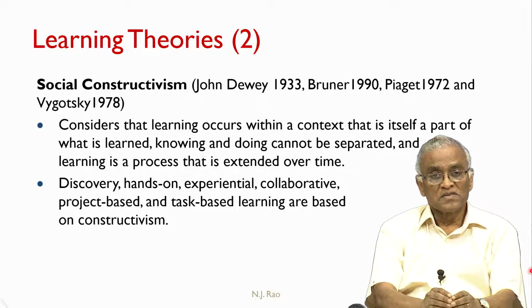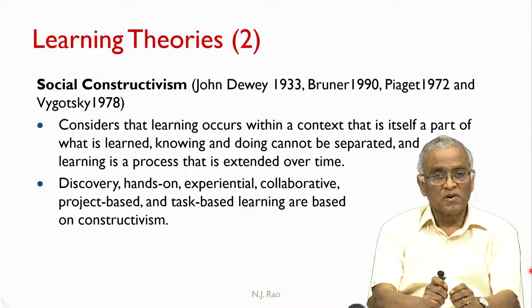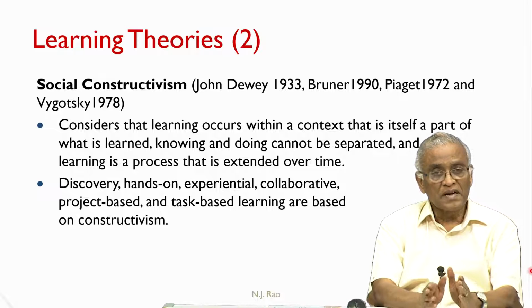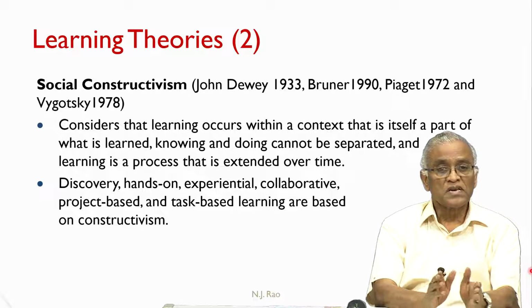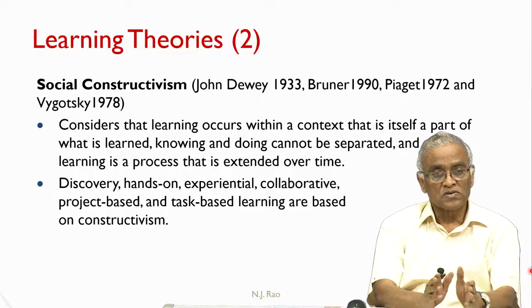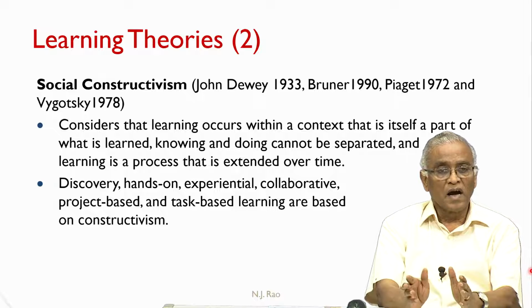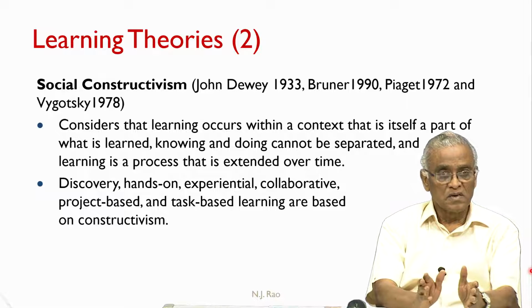That means just by receiving one input your learning is not complete. It is extended over a period of time, and generally it improves through social interactions. That is why we call it social constructivism. By discussing with our peers or with somebody else, our understanding, or our learning, seems to be improving.